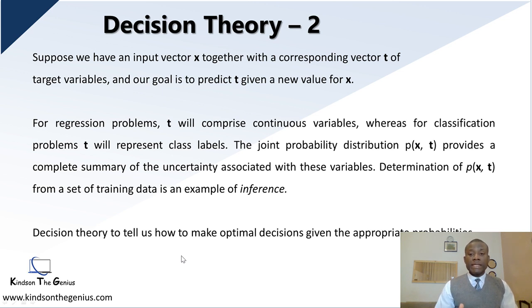The joint probability P of x and t provides a complete summary of the uncertainty associated with these variables. So if we determine the joint probability of x and t from a set of training data, that is called inference. Then decision theory tells us how to make optimal decisions given appropriate probabilities.